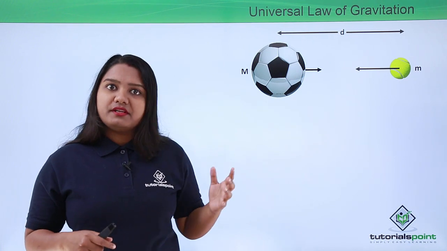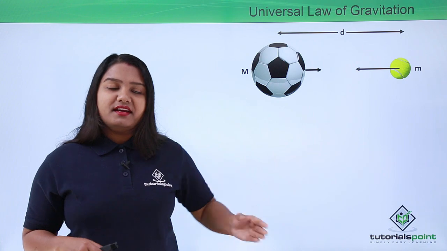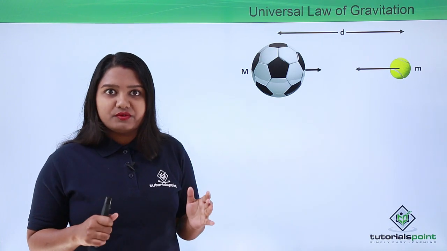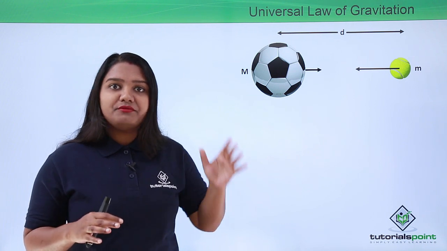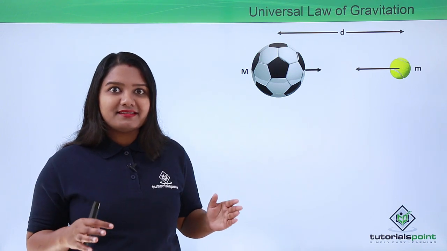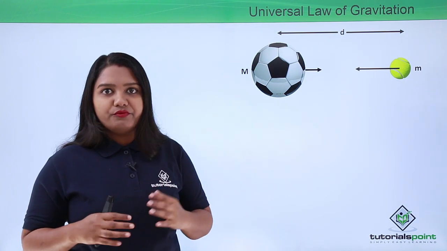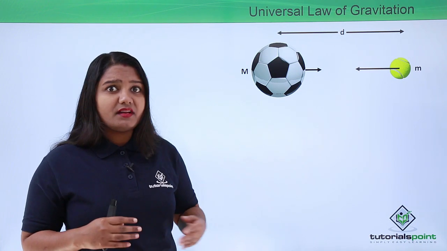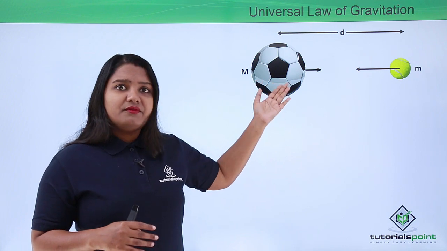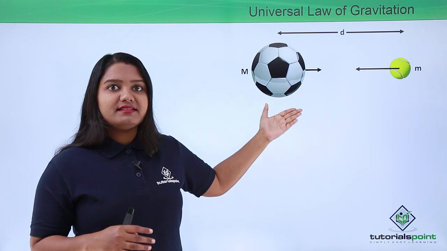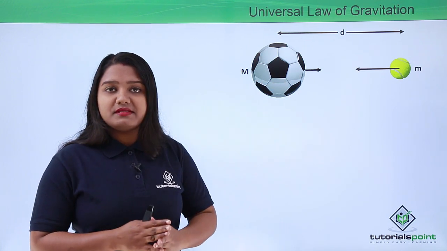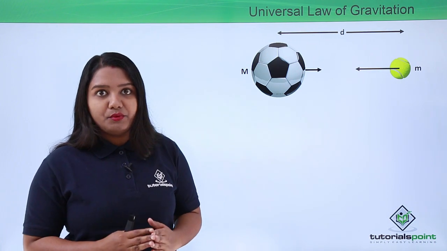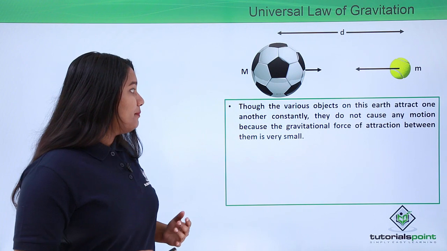So we do not observe any kind of motion in these two bodies resulting from the gravitational force. But we have learned already that whenever a force exists, the body starts moving or changes its state of rest to motion. But we do not see any such motion in this case, even if the law claims that there is a force of attraction that is called the gravitational force. So why does this happen?